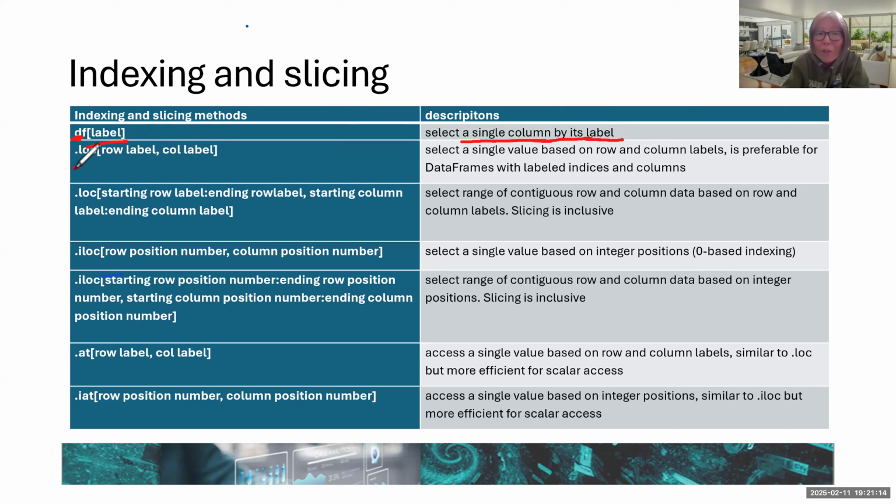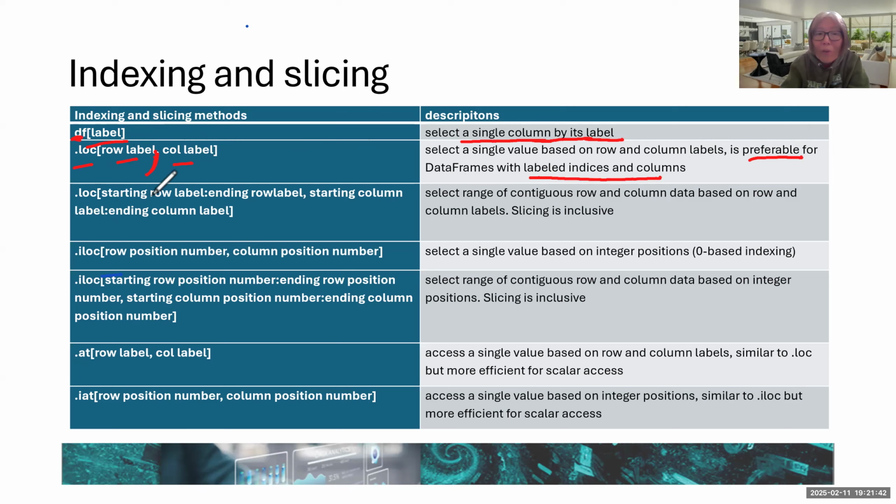And there is the function data.loc. For this, you pass in the labels separated by a comma for the dimensions. Before the comma, it's the row. After the comma, it's the column. So it's preferable for labeled index and columns.